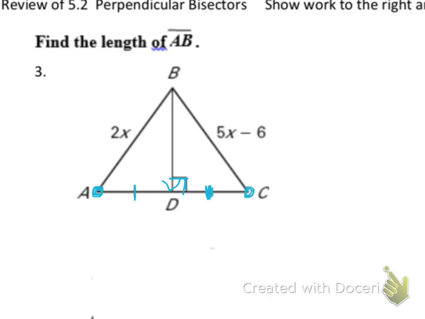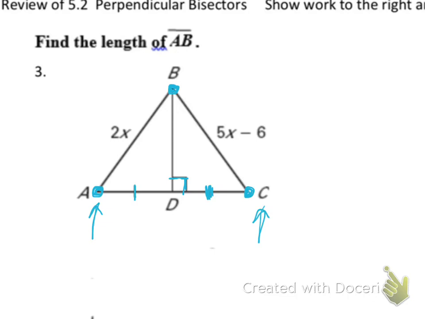Once that happens, something else also happens. Any point on the perpendicular bisector, so for example, point B is on the perpendicular bisector, any point on that bisector will be equidistant from the endpoints of the segment that has been bisected.